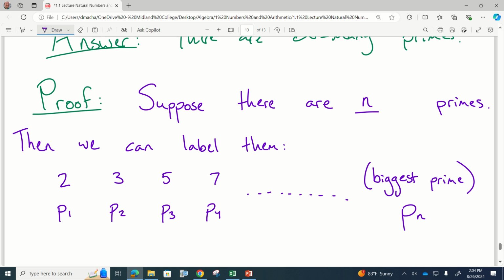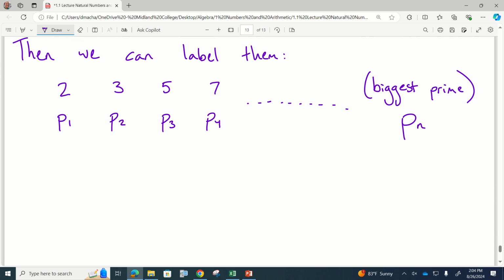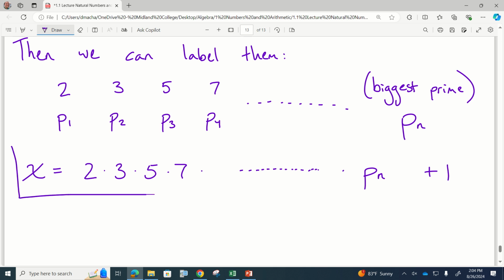So now we're going to define ourselves a new number. We're going to call it x. My number x is going to be equal to the number 2 times 3 times 5 times 7 times all of the primes, however many there are, times the biggest prime, plus 1. Okay?